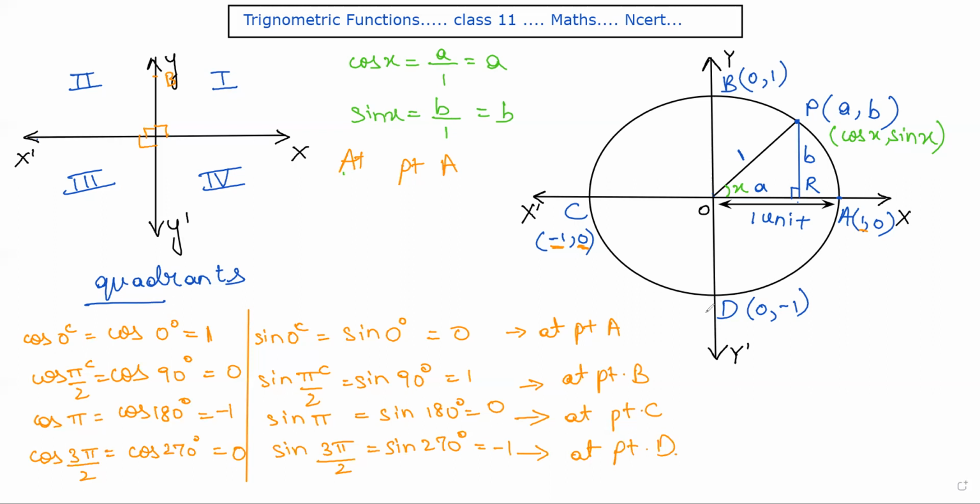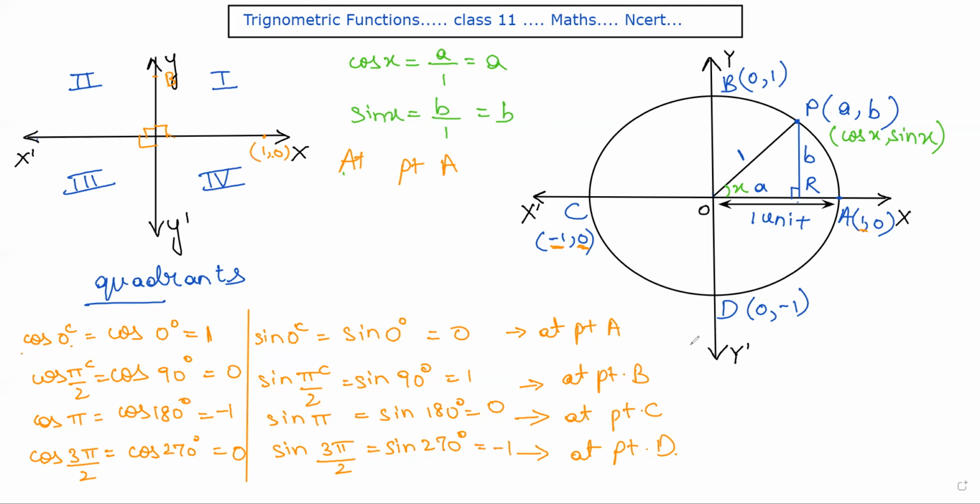Next, it will again attain point A. After D, again you'll have point A, but the angle covered will be from 0 to 90, 180, 270 and back to 360. So this point 1, 0, these values are for cos 0 as well as cos 360 degree.